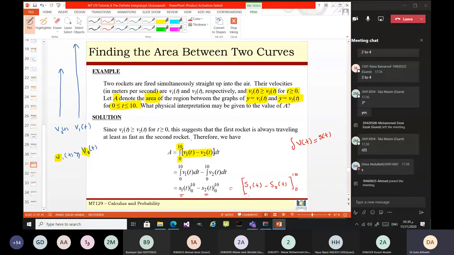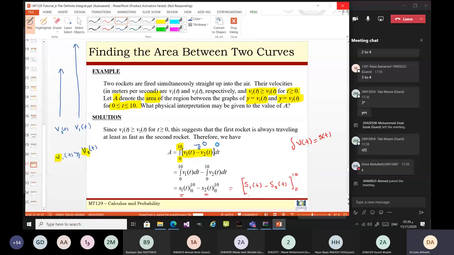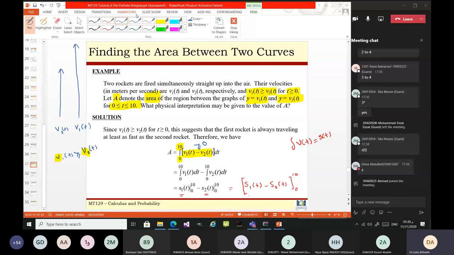Now I know that v1 of t is greater than v2 of t, so v1 of t minus v2 of t is positive. It's greater than or equal to 0. It's positive in other words. So if this is positive, the integration of it is going to be positive as well. So this will be positive.